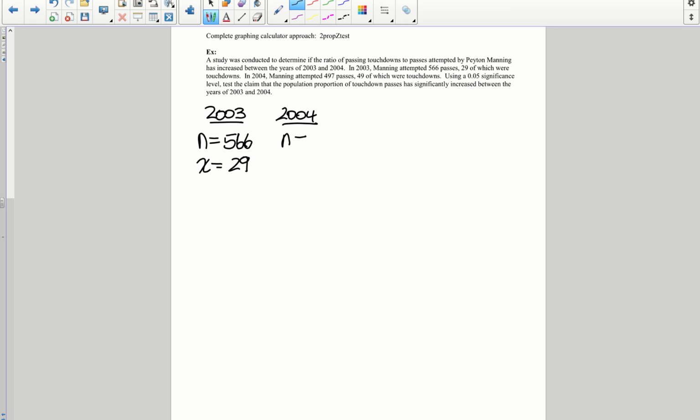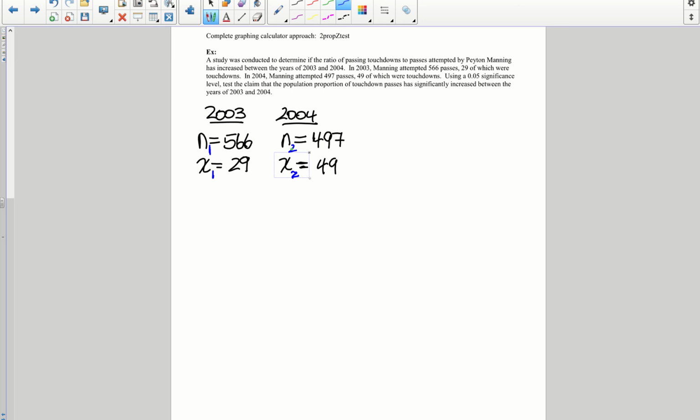So in 2004, Manning attempted 497 passes, and 49 of them were touchdowns. So, the little question here of, well, we got two n's and two x's. Well, which one's which? Well, one came before the other, so I'm going to subscript the first one with a little 1, and the second one I'll subscript with a 2.